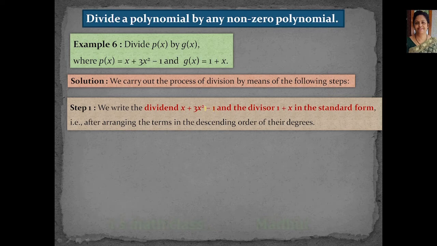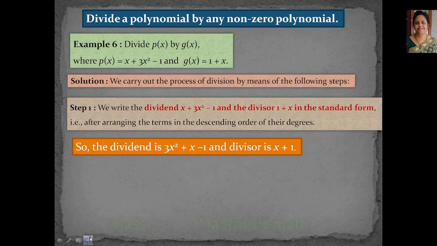So we will write in the descending order of their powers or degree. You will write 3x squared first, x second and minus 1 third, and here x first and 1 second, x plus 1. So the dividend is 3x squared plus x minus 1 and the divisor is x plus 1.